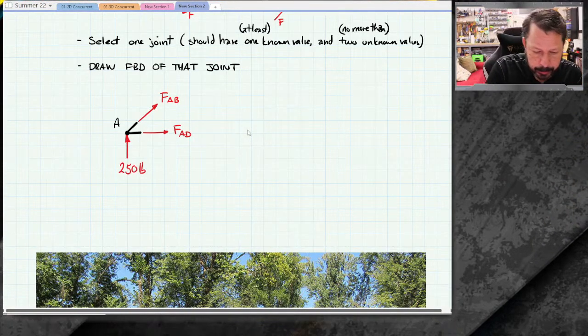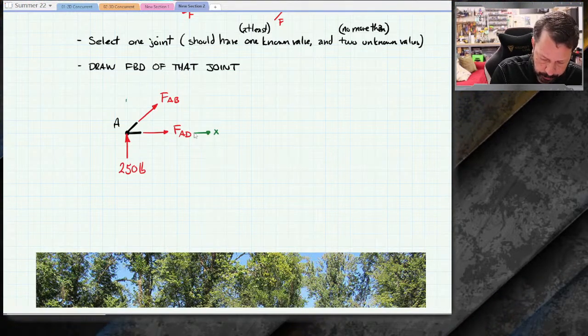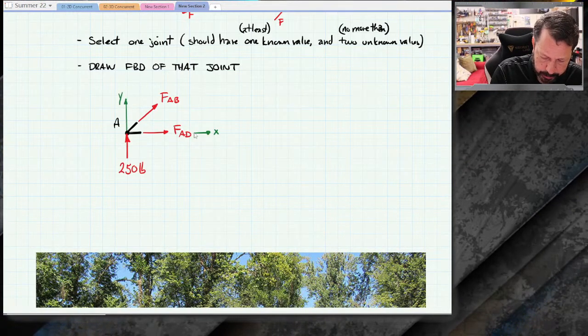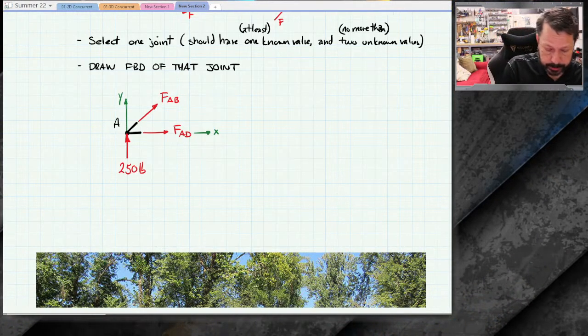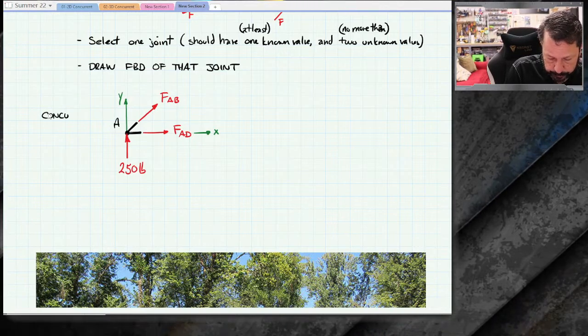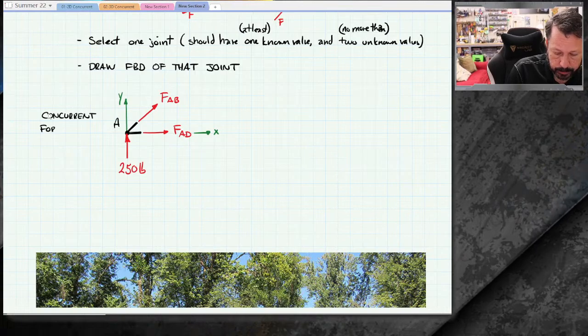Now I could put a coordinate system in there, right? So I could say that this is my x-axis for this local free body diagram, and that's y. Now I've got back to a concurrent force system. And so I'm back to doing what we were doing last week.